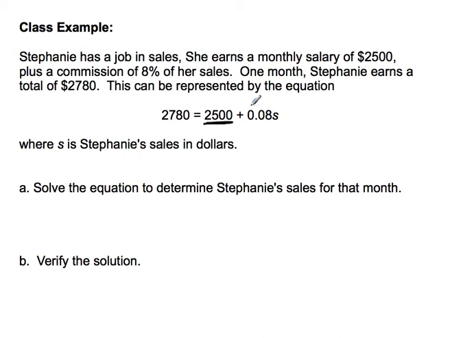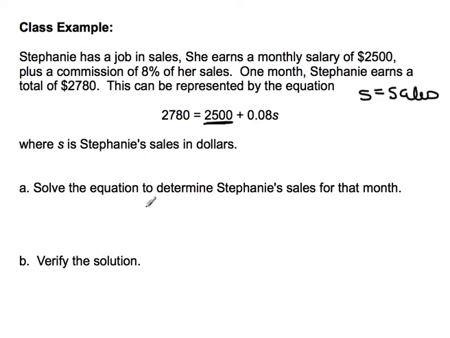So 0.08 of her sales, which is represented by the variable S. Sales is how much she sells. Now, she makes $2,500 automatically, and then she makes 8% of everything that she sells. If you add those two together, you'll get the total amount.